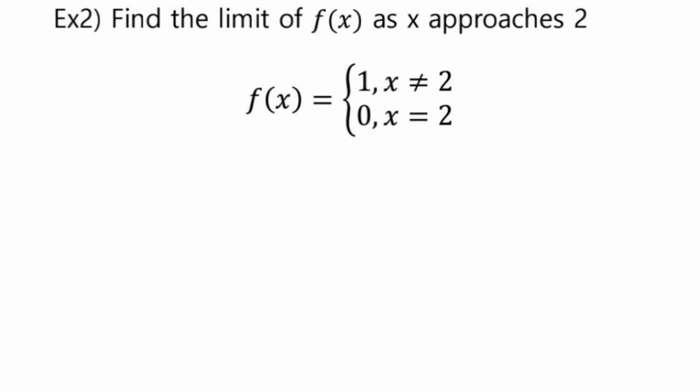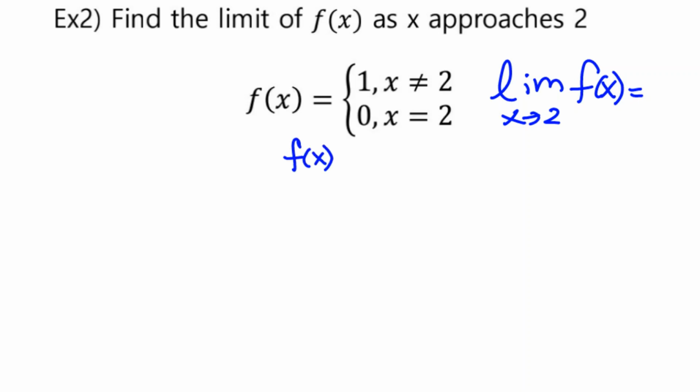Okay, example number 2, it says find the limit of f of x as x approaches 2. So we have to find the limit, x approaching 2, of this function. Okay. All right, look at this graph. It looks like it is a constant function, like f of x is c. That means the graph should look like a horizontal line.